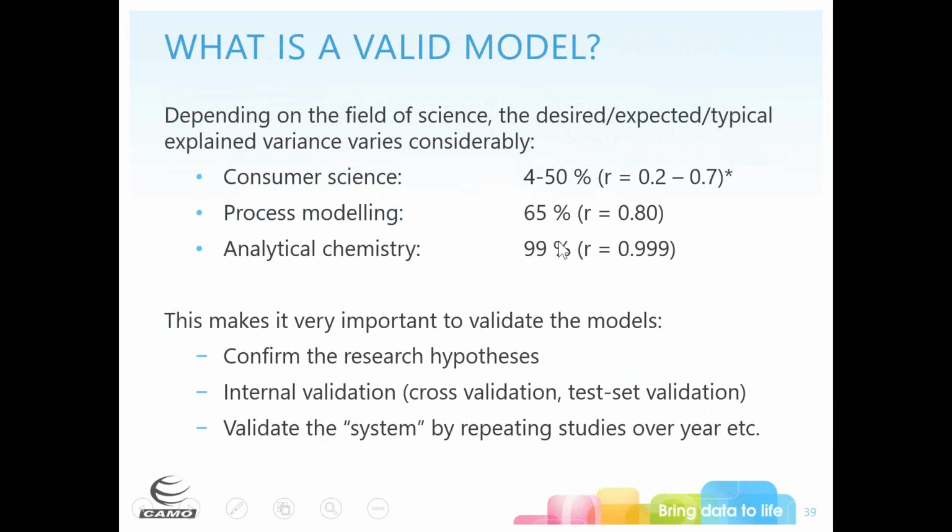If you get into the analytical field or pharmaceuticals, they're a little bit more strict and want things over 95%, even sometimes 99%. This is why we need to validate the models, to make sure that we are confirming our research hypothesis and validating your system as you repeat your studies.